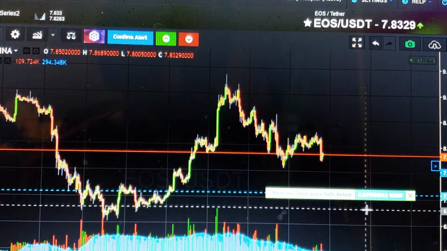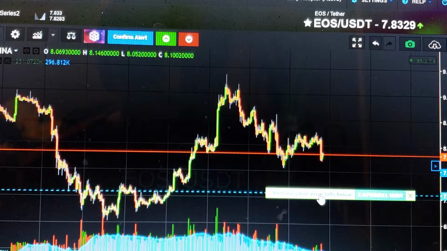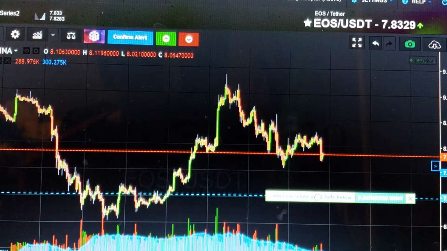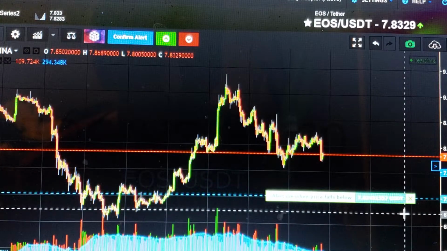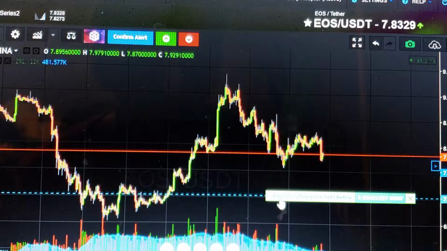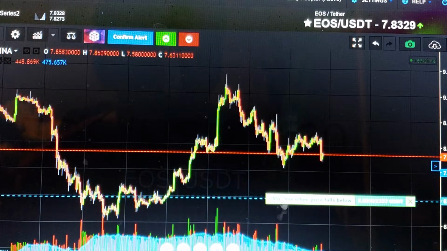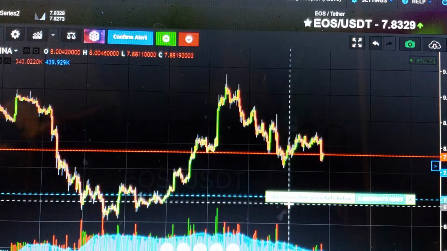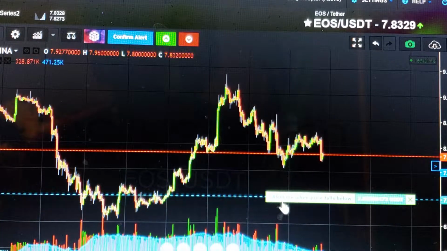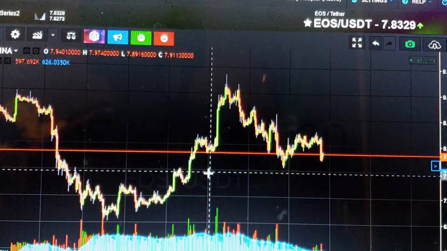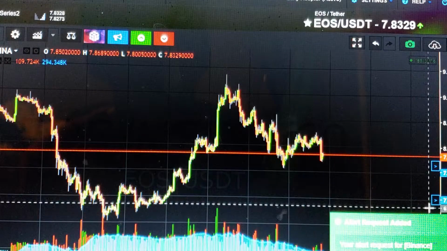So what is that? 7.07, 7.12. But we're gonna go down to the 7.02. Let's go here more. See if we can get it right at the $7. There we go. It's pretty close. So now we can set that one too. There it is.